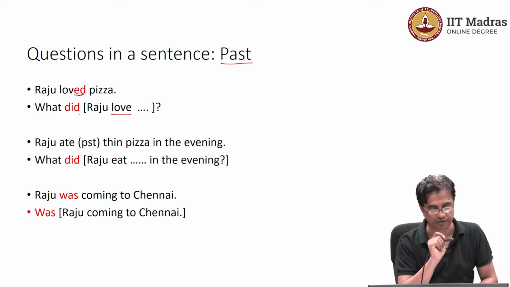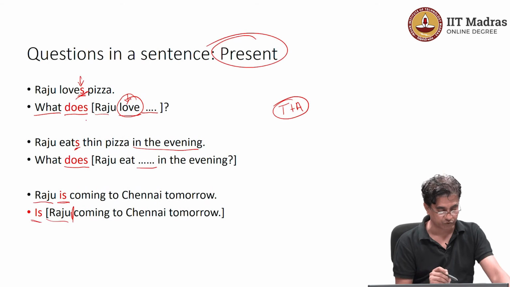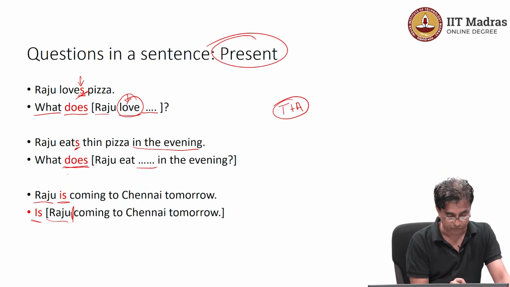What did Raju love in past tense? So what happens here is did is basically do plus past, as opposed to when you had does, you have do plus present.